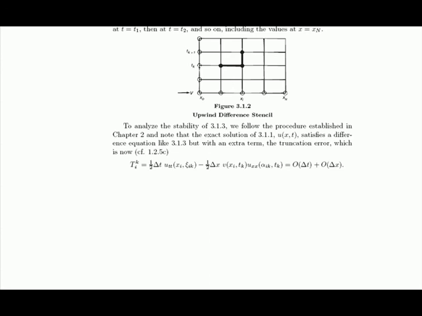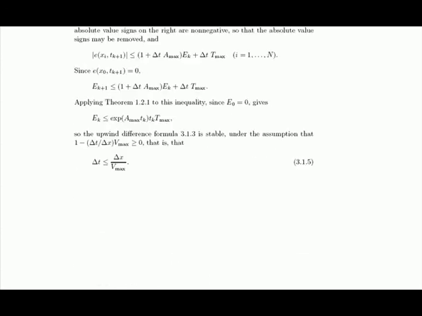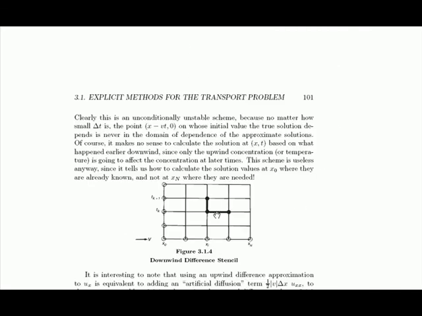Or we could even have a downwind difference, which would be shown here. Now we're approximating the space derivative u sub x by u of xi plus 1 minus u of xi over delta x.